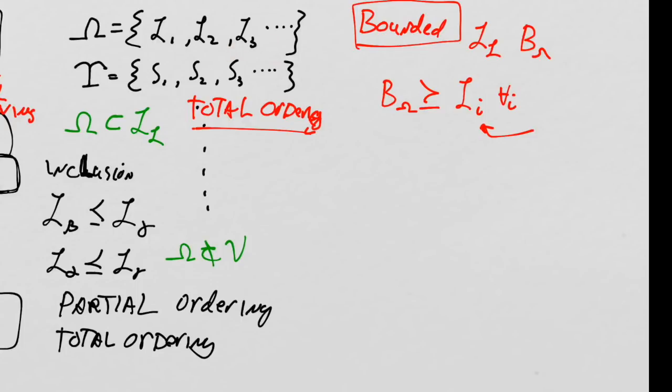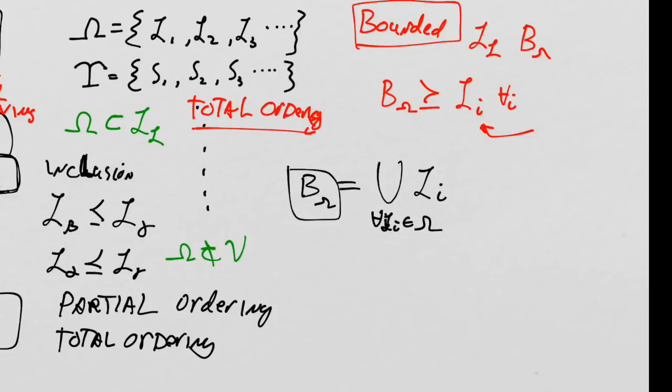And as a quick assurance of that, just take the union of all the L sub i, for all L sub i in omega. Just take that union, and that will be a bound.